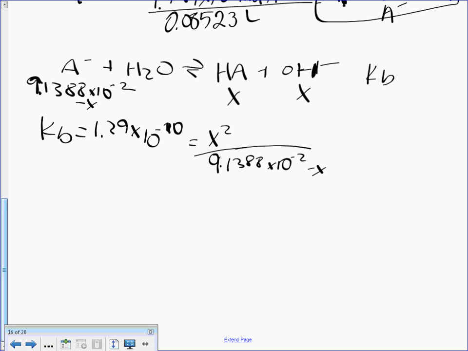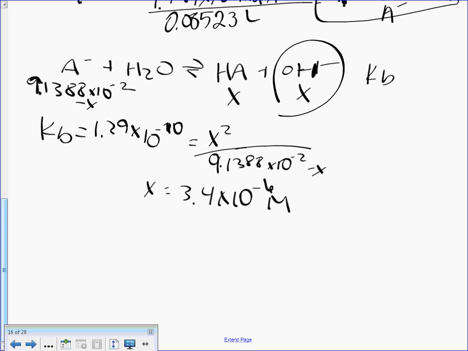All right, so you're good from here. You solve for x, you will neglect x. I checked it earlier. It's 3.7 times 10 to the negative 3 percent. It's totally negligible. So the x is equal to 3.4 times 10 to the negative 6. And why is that relevant? Who is this? Concentration of hydroxide, right?